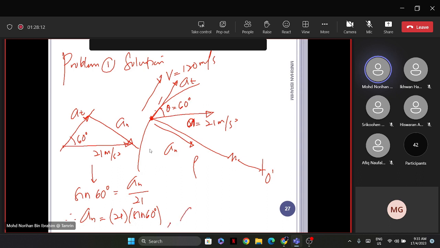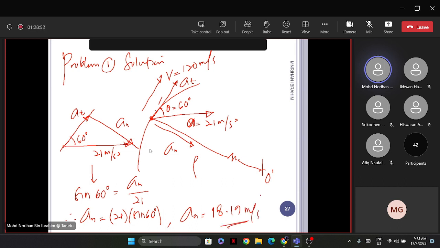Okay, and then AN is equal to, try to calculate the answer. 21 times sin 60, which is equal to 18.19 meter per second squared. So we got AN.